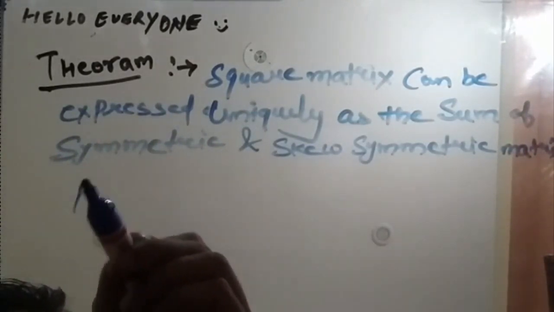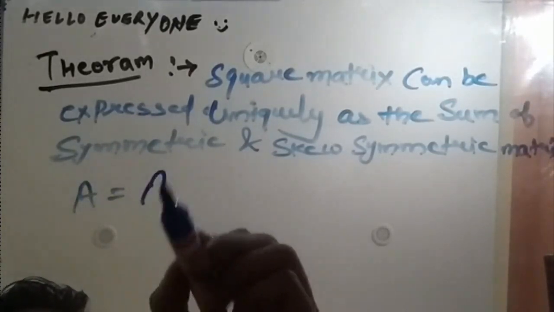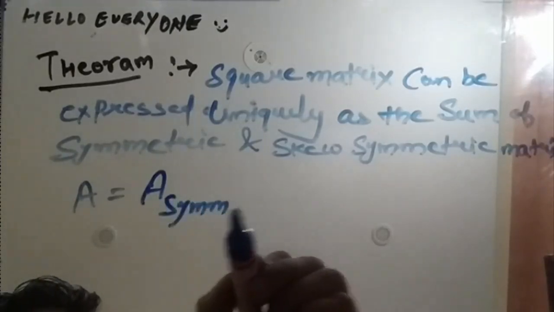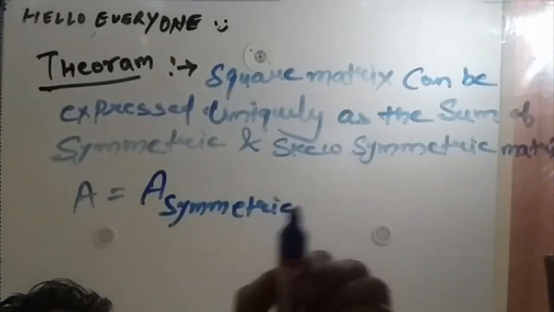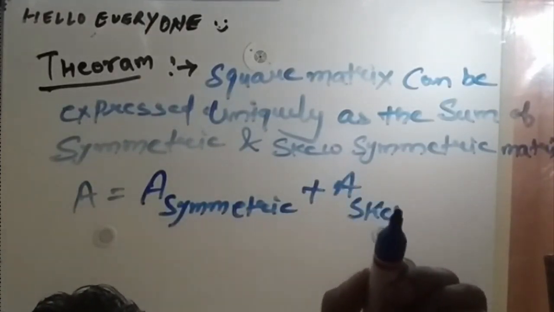It can be represented as matrix A, which is a square matrix, equals a symmetric matrix plus a skew-symmetric matrix.